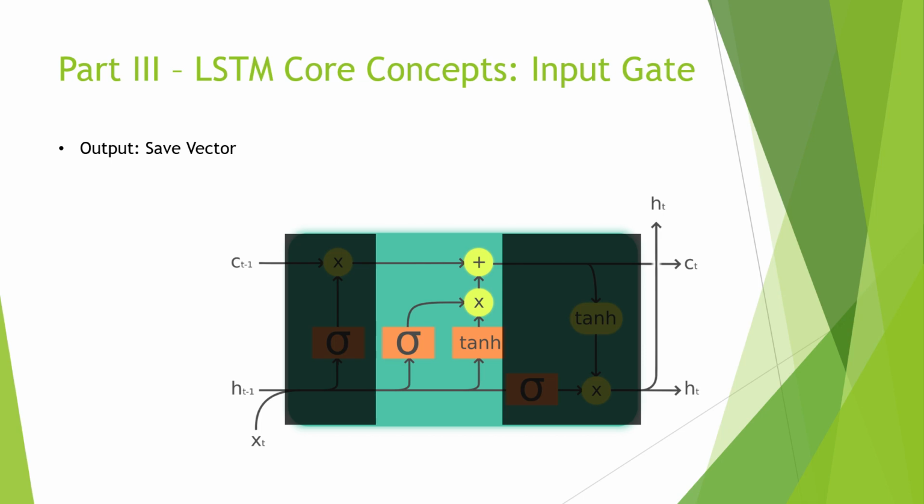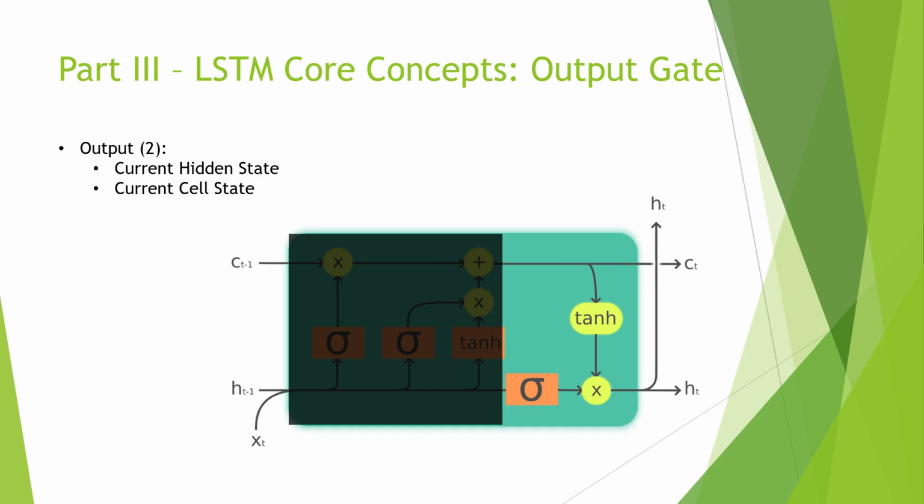Those intermediate outputs then will get multiplied as signified by the x. The output from that is the gate output, which is known as the save vector. In the final step, the save vector gets added to the cell state, which again updates the cell state.